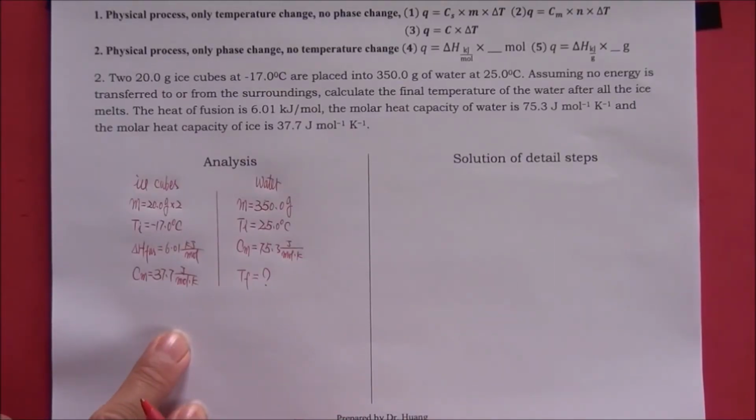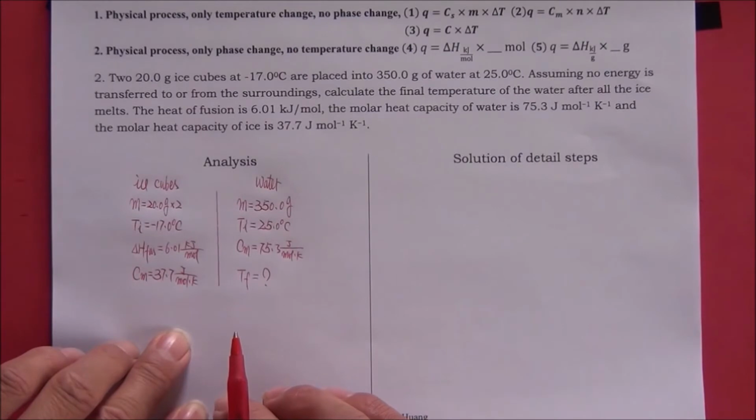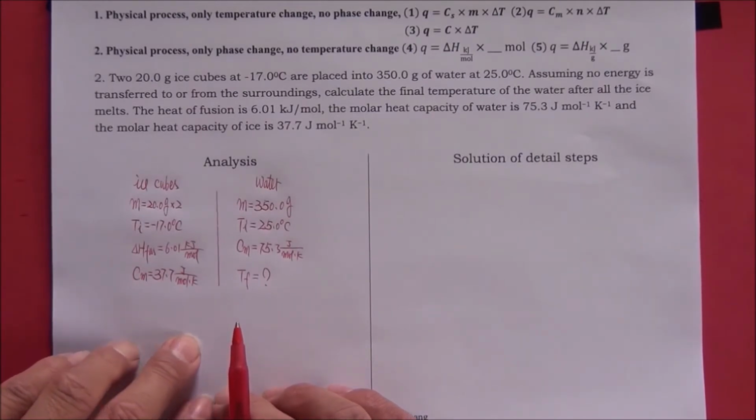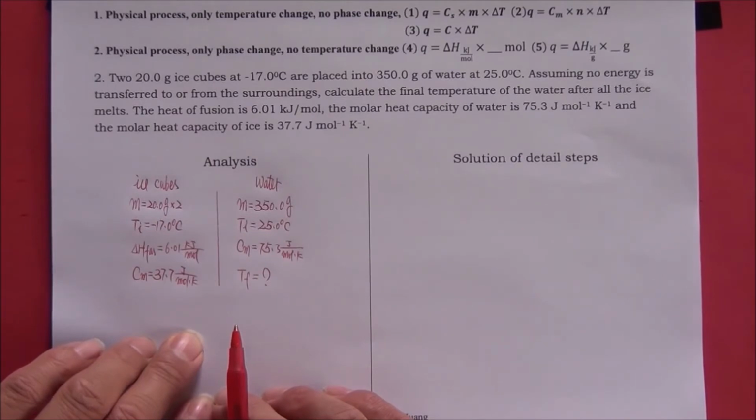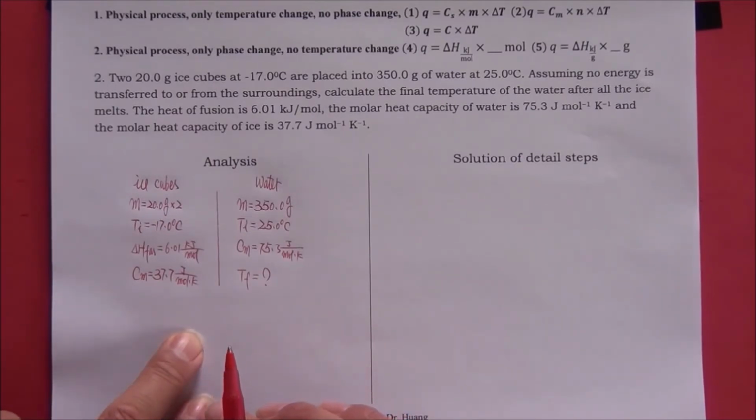Next, we are going to do some analysis to see if we can find any hidden information. We also want to know what kind of calculations we need in order to find the solution for this problem. We may need to read the problem again.